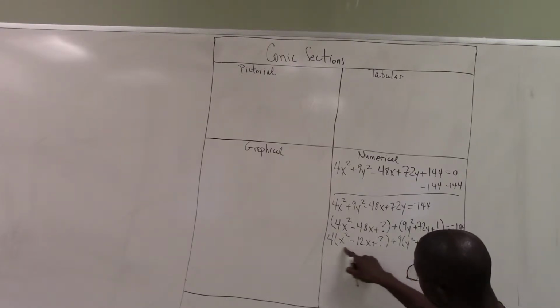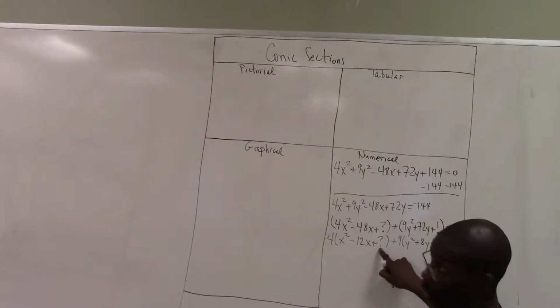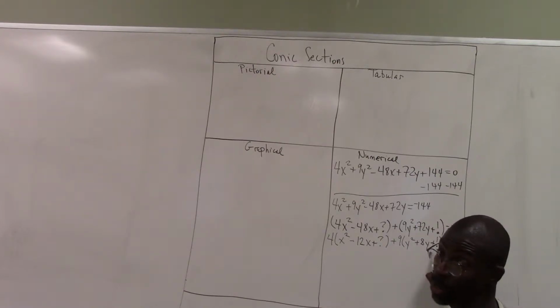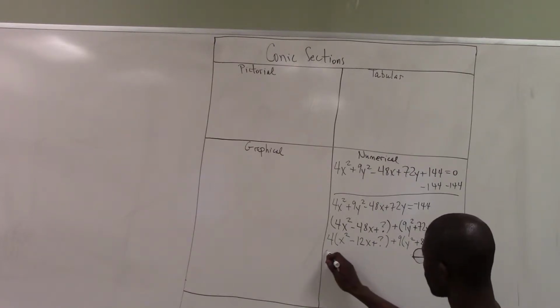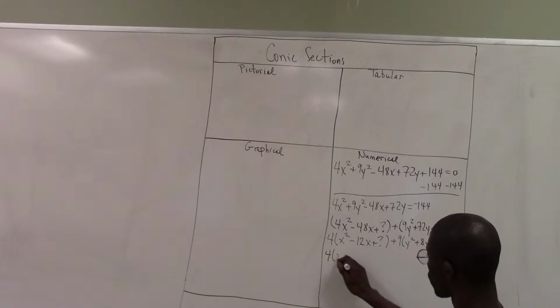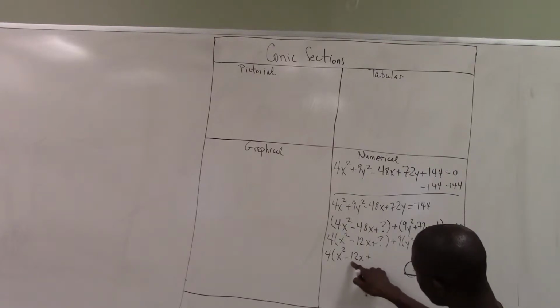Now, the procedure that we need to complete in order to identify what this question mark value is, as well as what this exclamation point value is, is called completing the square. So what will happen is, I'll maintain my greatest common factor on the outside, x squared minus 12x. And what we're going to do is take half of this linear term.